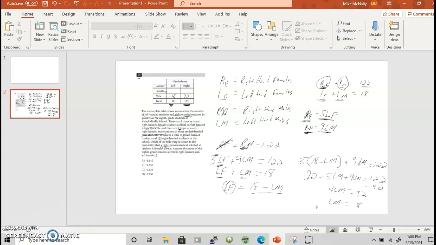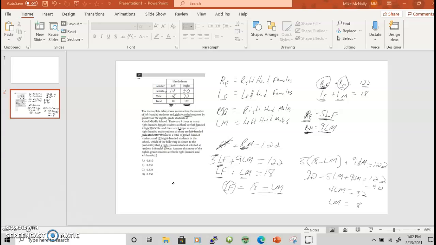If there's a total of 18 left-handed students and 8 of them are males, then that gives us 10 females. And there's 5 times as many right-handed females, which gives us 50 right-handed females.